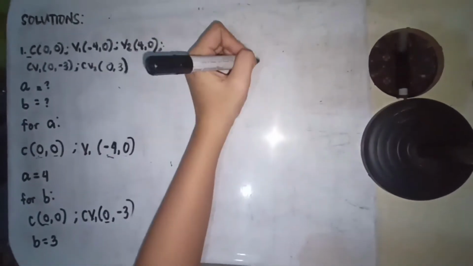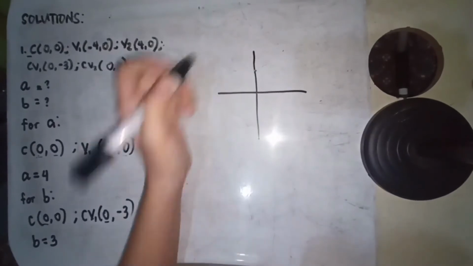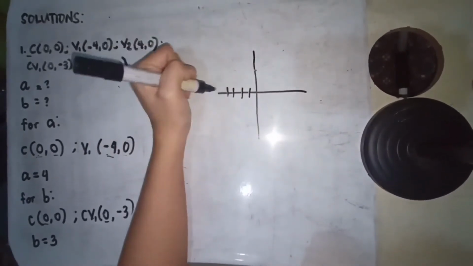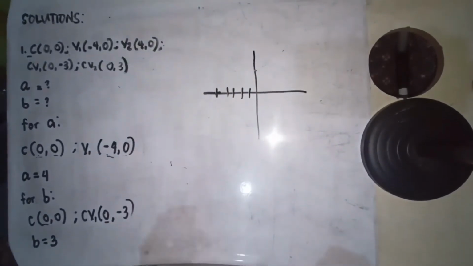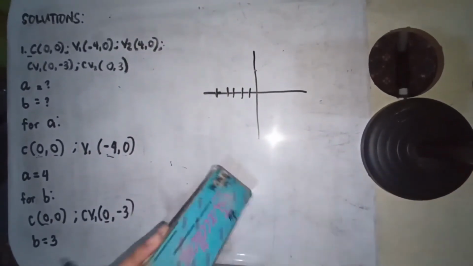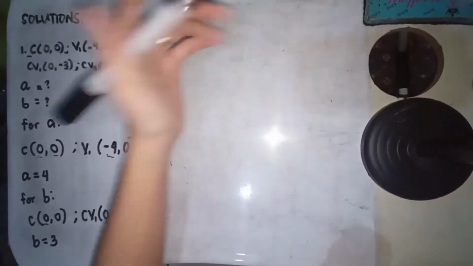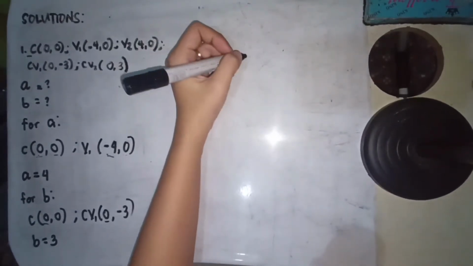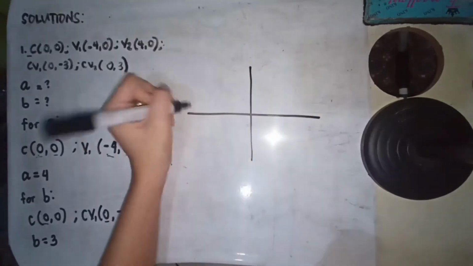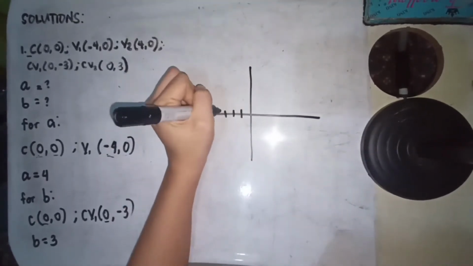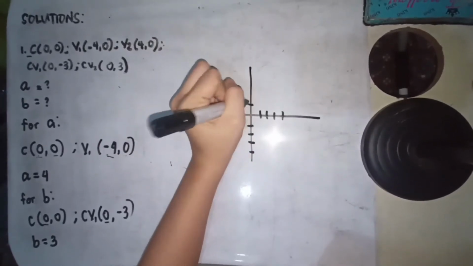So, for example, here is our graph on the Cartesian coordinate plane. Later, once you are comfortable, you can just determine whether the ellipse is vertical or horizontal without drawing. But in this video, I will visualize it for you. So we have 1, 2, 3, 4 on each side.